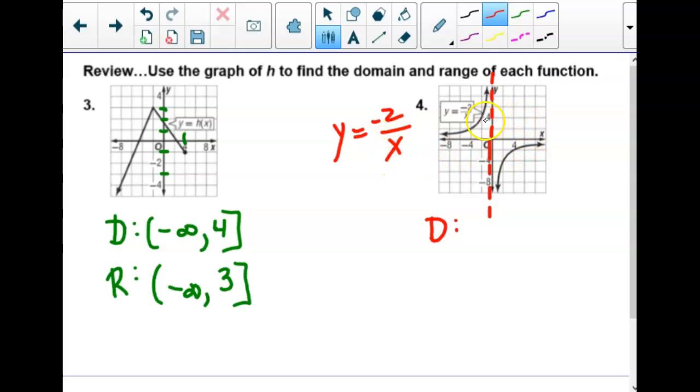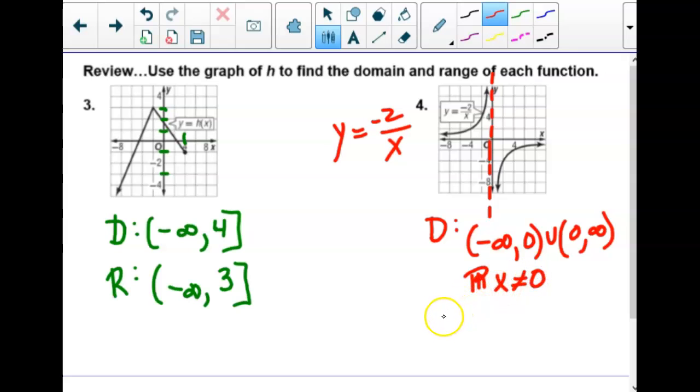Now, it is very hard to tell, but this is getting closer and closer, so it's only exactly 0 that doesn't work. You can tell that from the equation. But to write that, if we were using interval notation, would be this. Or we could say all real numbers except x cannot equal 0. That's supposed to be an R.